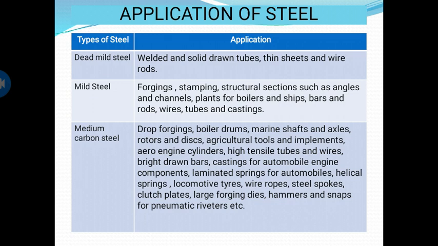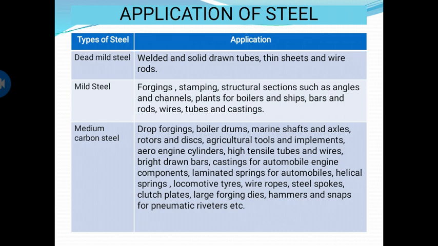Mild steel has tremendous use: forging, stamping, structural sections such as angles and channels, plates for boilers and ships, bars and rods, wires, tubes and castings. So mild steel has huge uses in different fields.